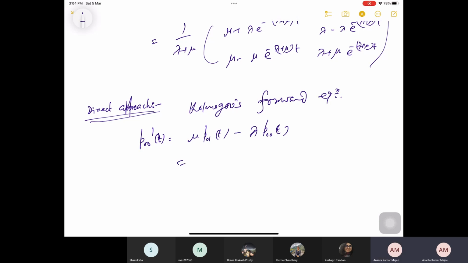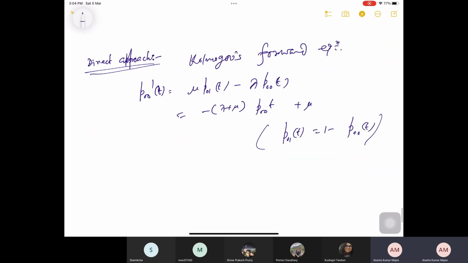I can write this as minus lambda plus mu times p00(t) plus mu. Why is this so? Because p01(t) is equal to 1 minus p00(t), since the summation over j of pij(t) is equal to 1, with j equal to 0 and 1. So p00 prime of t is equal to minus lambda plus mu times p00(t) plus mu.